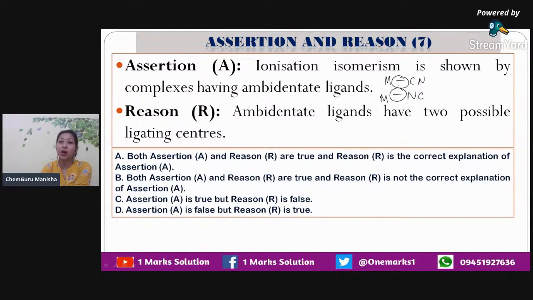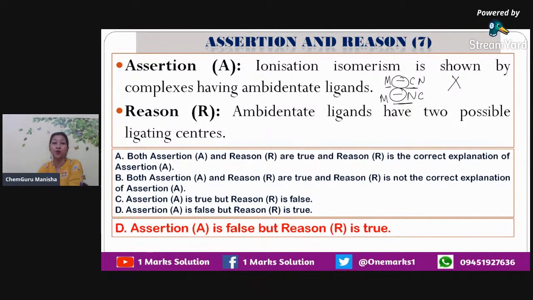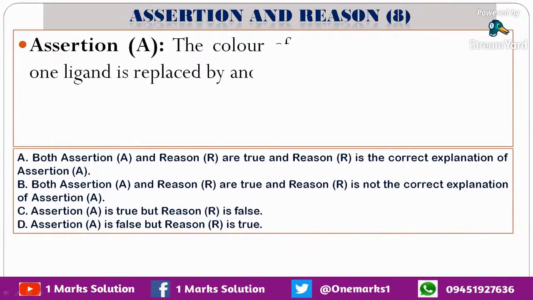There you will probably have linkage isomerism, because in one the metal is coordinated through carbon and in the other the metal is coordinated through N. So the coordination of the metal and the ligand is different, and that is why saying ionization isomerism is shown by this is absolutely wrong. So we go with the D option, which says the assertion is false but the reason is true.